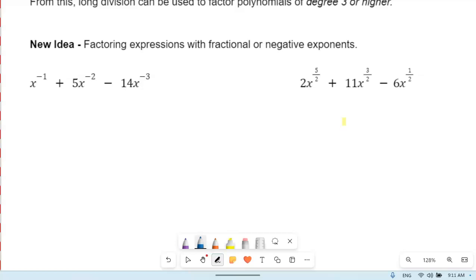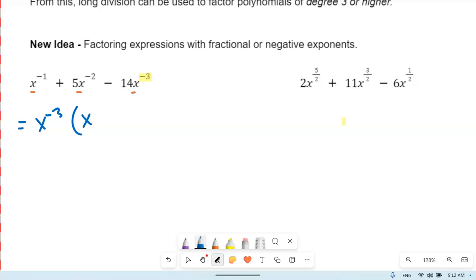So in this first one, we have the x in common, just like before. So we all have x's in common, and we want to factor out the lowest exponential value. So in this case, the lowest exponential value is -3. So I'm going to factor out x to the -3.